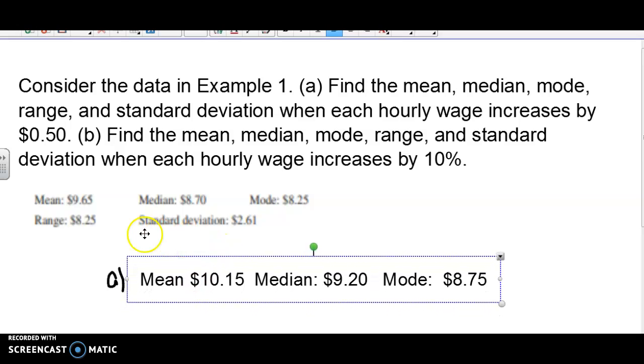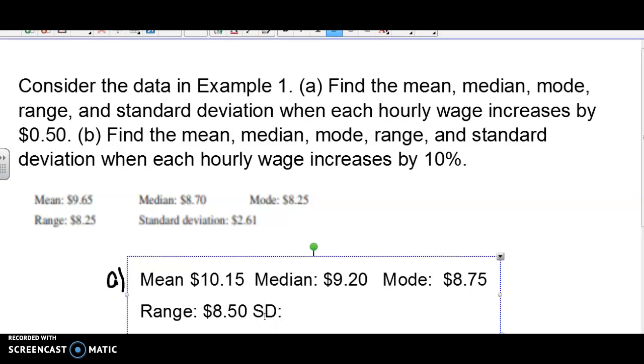Now, what would happen to the range and standard deviation? Well, since we're adding, we're not changing those at all. So the range would stay at 8.50. And standard deviation, which is called SD to abbreviate, I know you guys like your abbreviations, would just stay at 2.61.